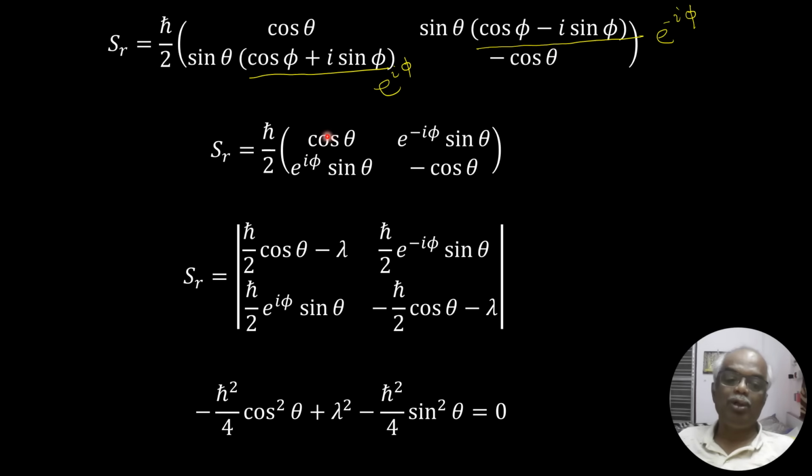So here the first row, first column is ħ/2 cos θ.